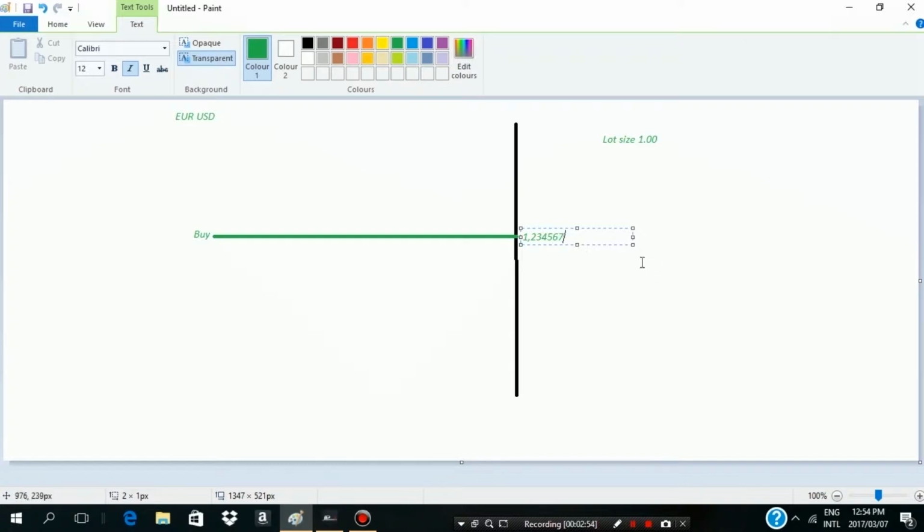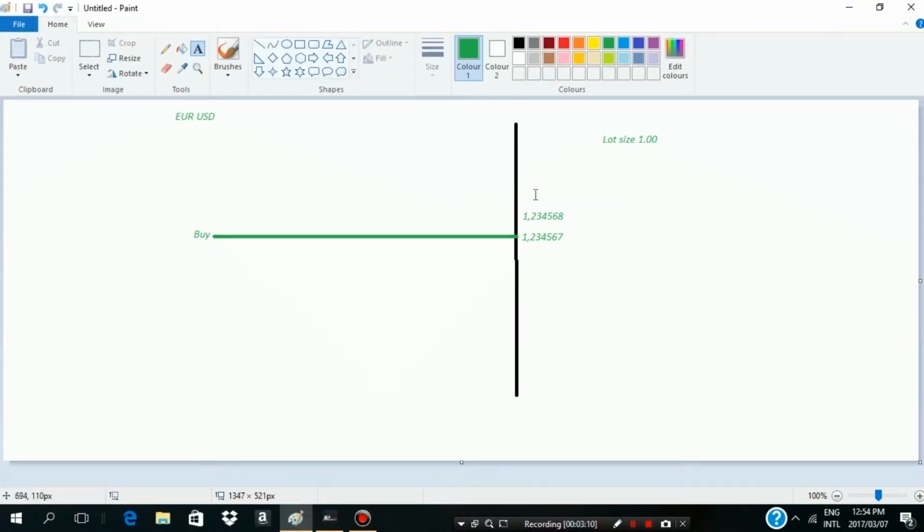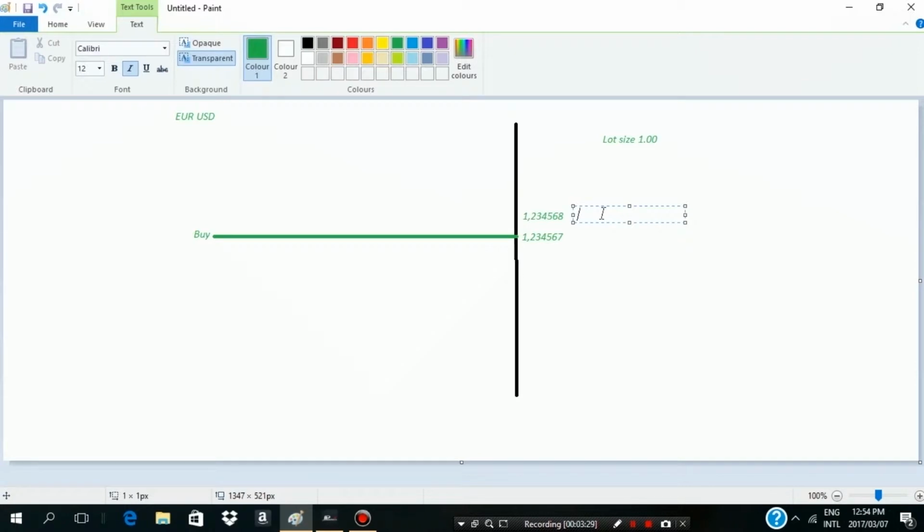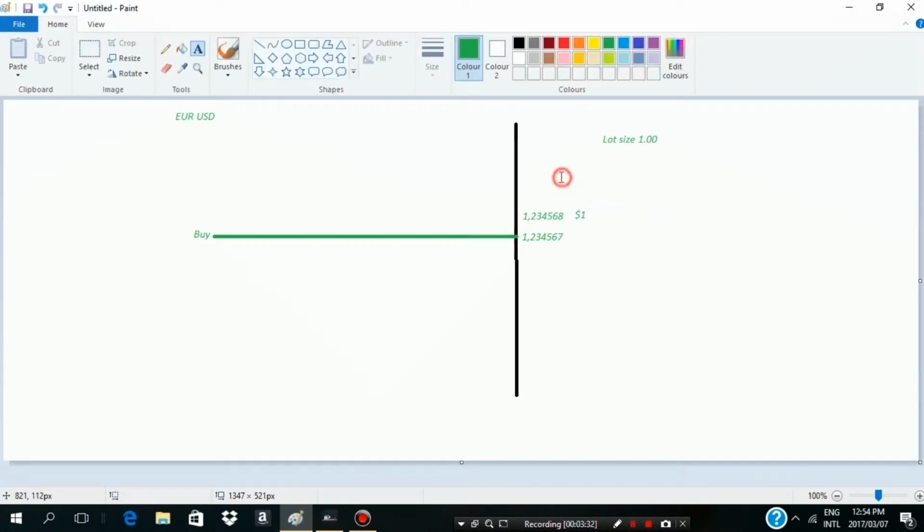So now it moves up from 1, 2, 3, 4, 5, 6, 7 to 1, 2, 3, 4, 5, 6, 8. If it moves up by 1 point, remember this move from 7 to 8 is 1 point. So if it moves up by 1 point and you are trading a lot size of $1 per point, which is also called a standard lot, you are making $1 at this point.